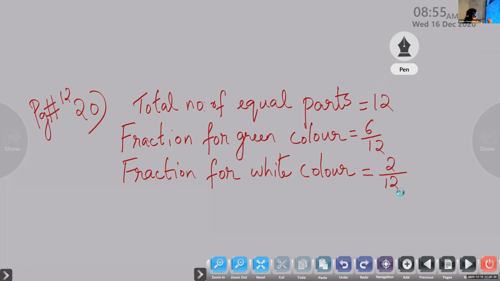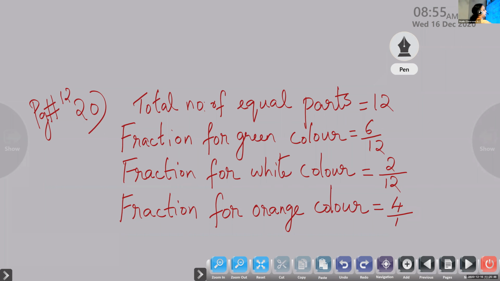Now next one is fraction for orange color. 4 by 12. Yes, fraction for orange color is 4 by 12. Okay.